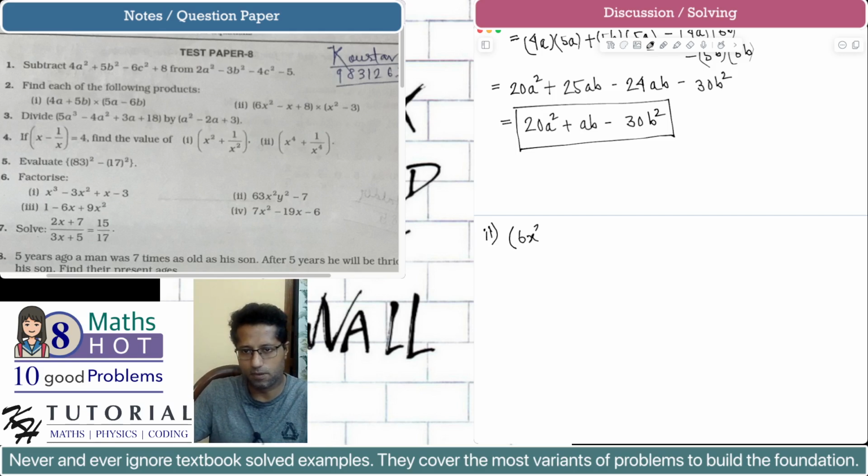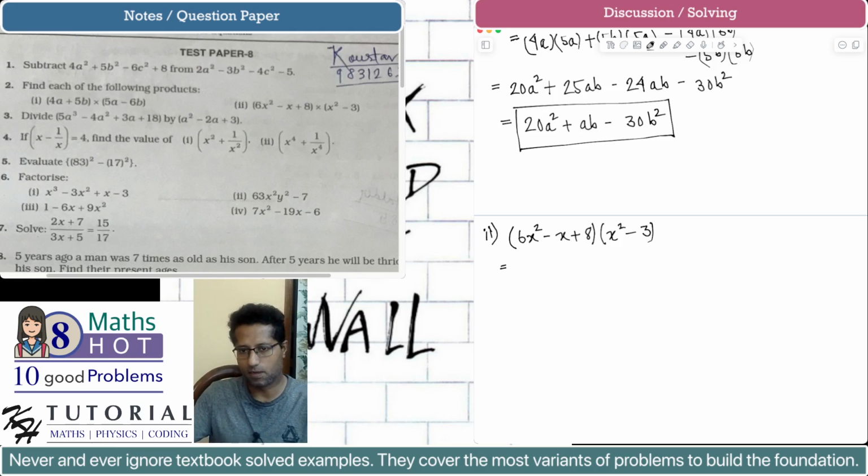The polynomial is 6x square minus x plus 8 multiplied by the binomial x square minus 3. How do you do the product of a binomial and a polynomial? You find the product of the binomial with all the terms of the polynomial and then add them up.